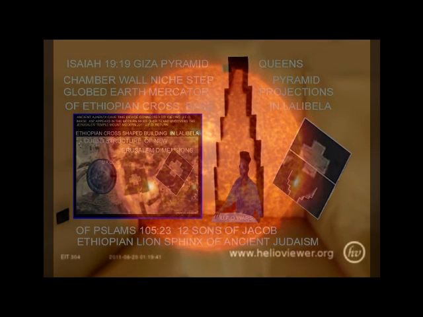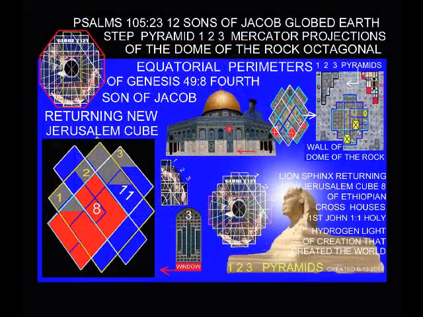It's the Sphinx masonry in front of the Isaiah 19:19 Giza pyramid. The lion Sphinx of ancient Giza, Gath, Palestine, Ethiopia, and Jerusalem. This is why the chief focus of the Jerusalem Temple Mount was all about the Ethiopian lion Sphinx of ancient Giza, Gath, Palestine, and Lalibela, Jerusalem and Lalibela.